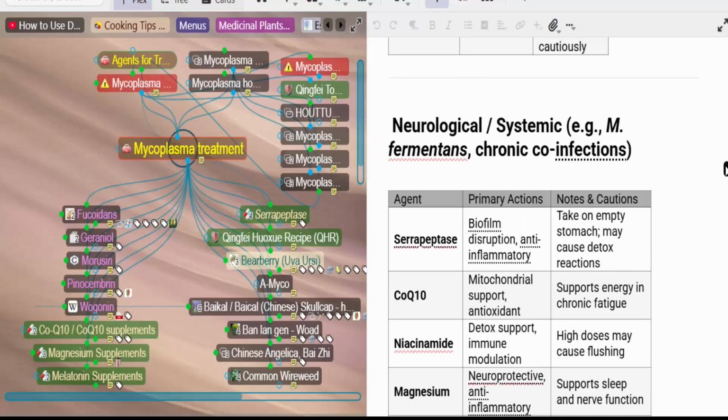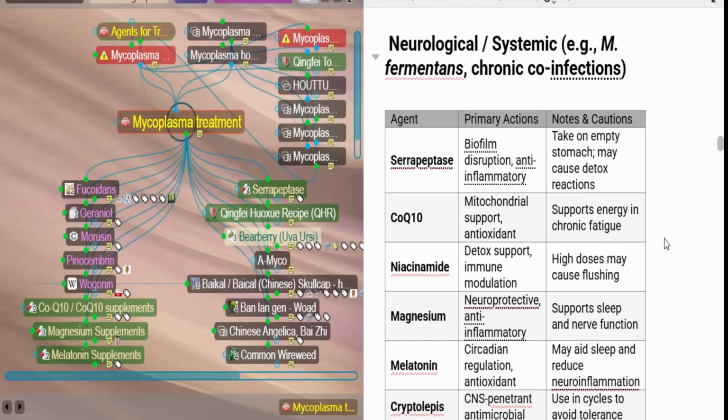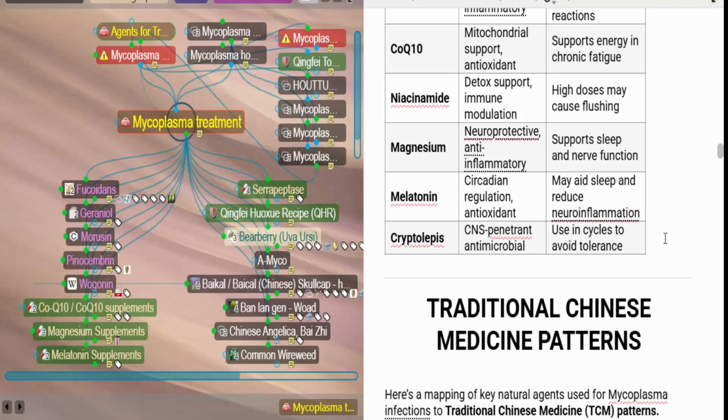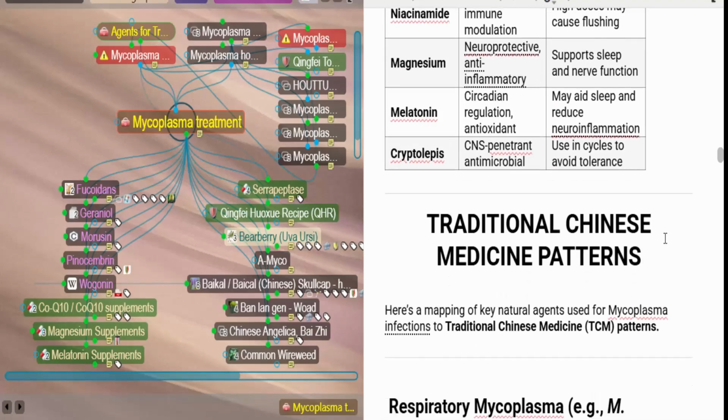Species involved in neurological and systemic infections, especially chronic co-infections such as occur in Lyme disease, and for practitioners or patients of practitioners using Chinese medicine, Traditional Chinese medicine patterns are also included.